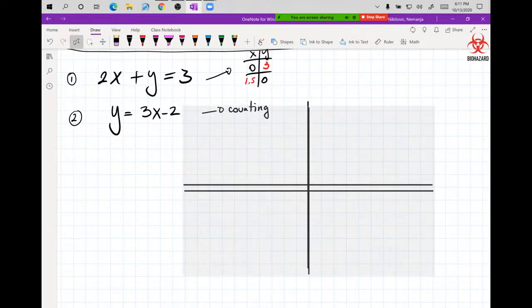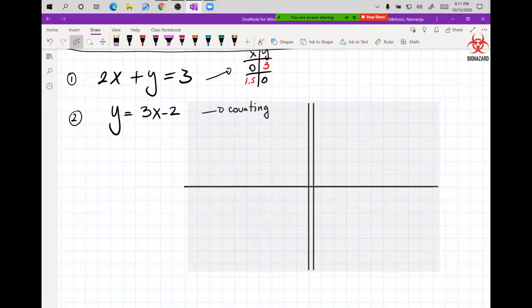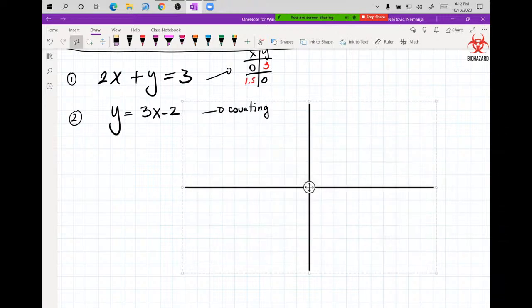All right, so here is our coordinate system, and what I need to do now is get the x and y axis labeled, and now let's go graph line number 1.